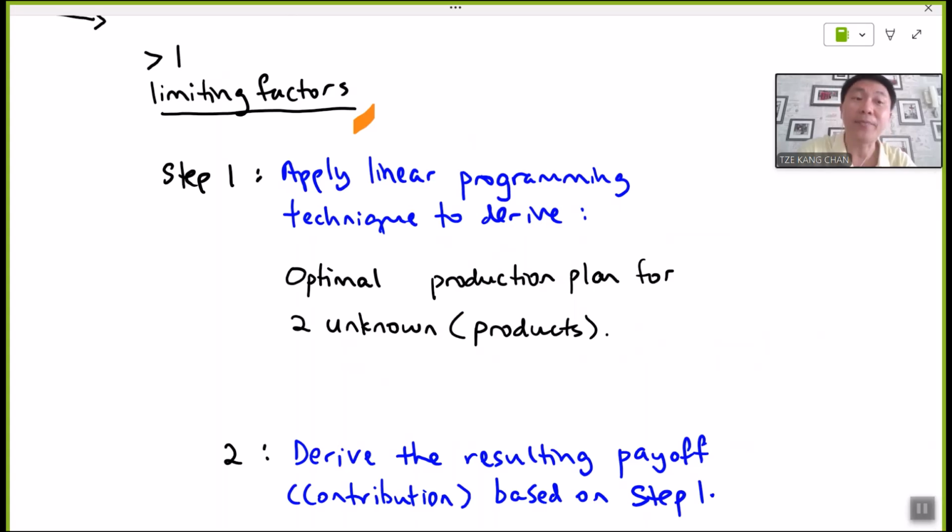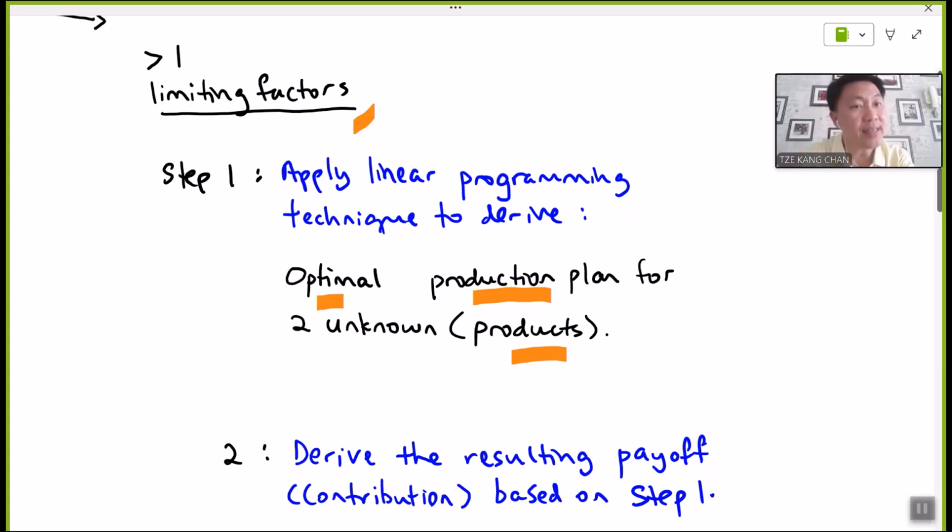So guys, based upon what you may have learned in the earlier study, linear programming techniques may be used in solving such a multiple limiting factors problem by deriving optimal production plans for, most commonly, two unknowns, representing the production quantity of two finished goods of a company.